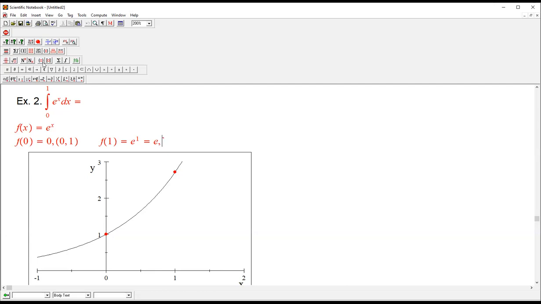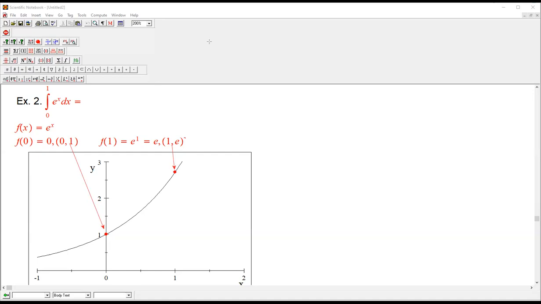And the respective point is (1, e). So now what do we have here? I'll put some arrows. All right, so this point marked that one, and that point is being marked over here.